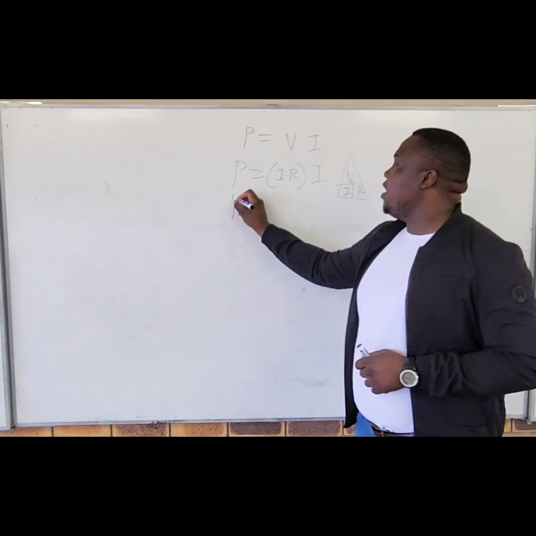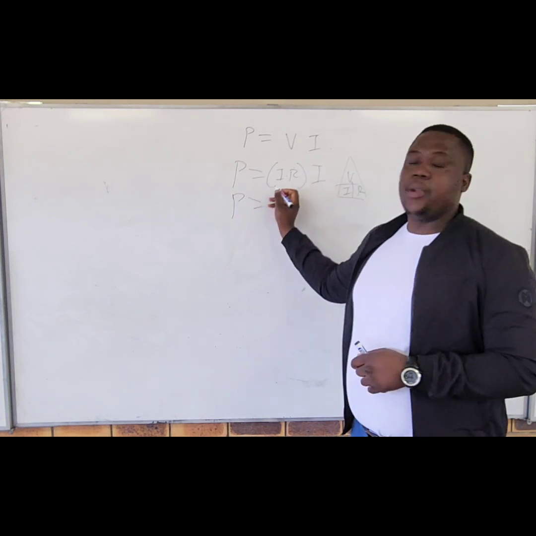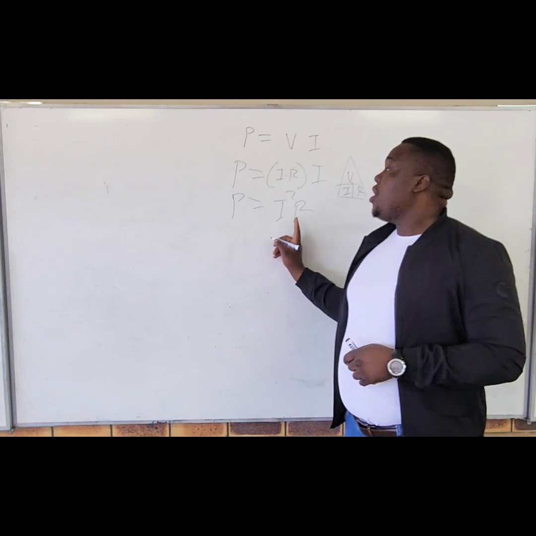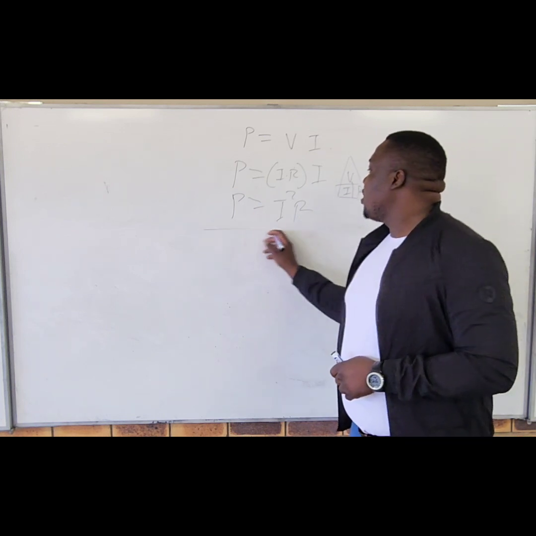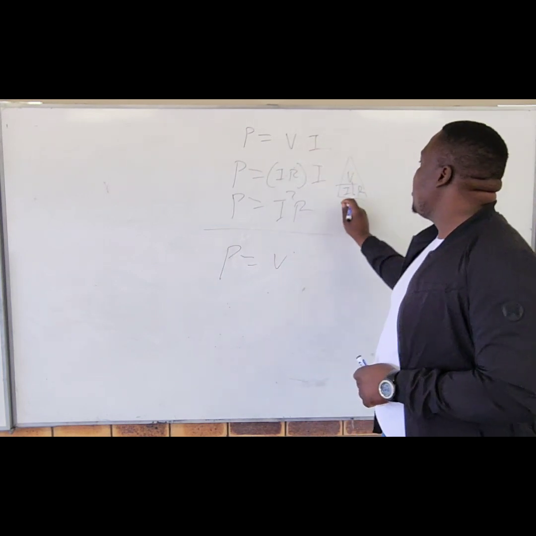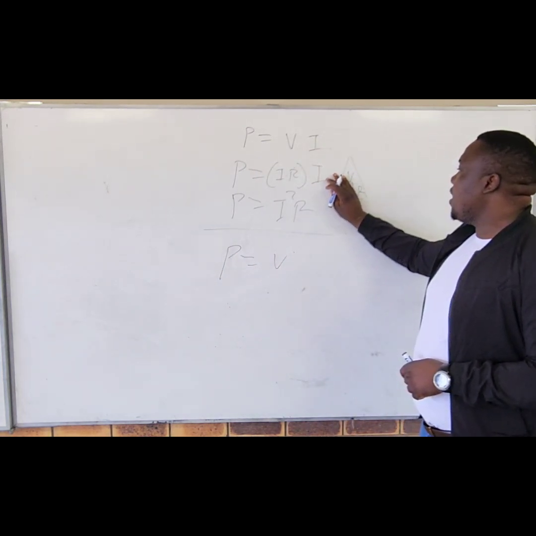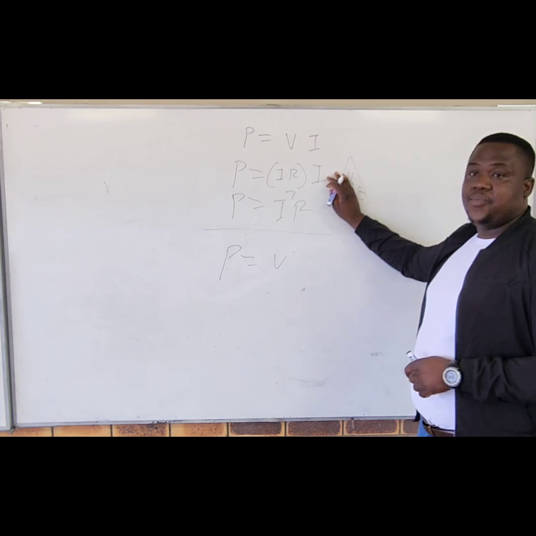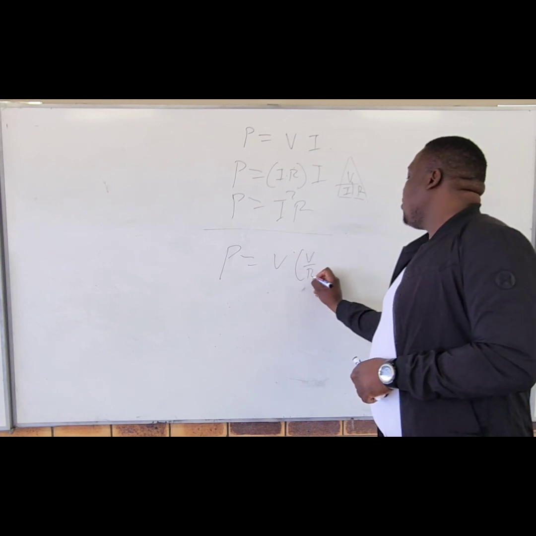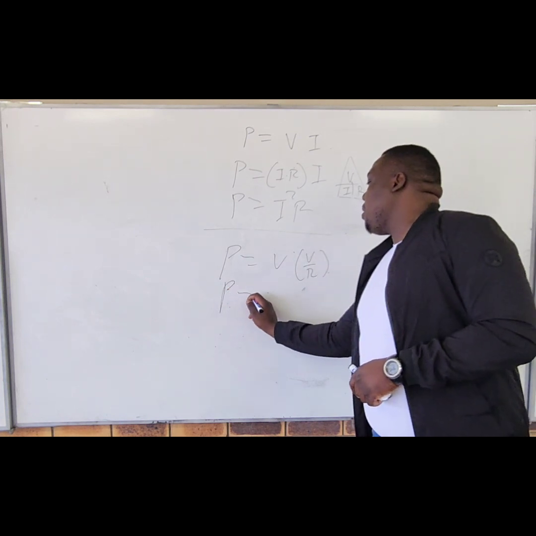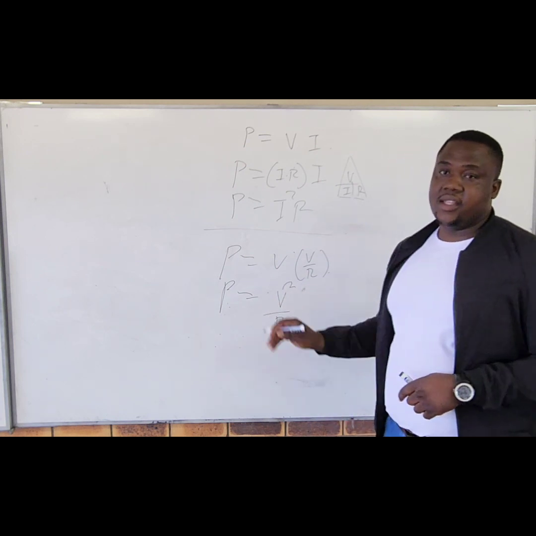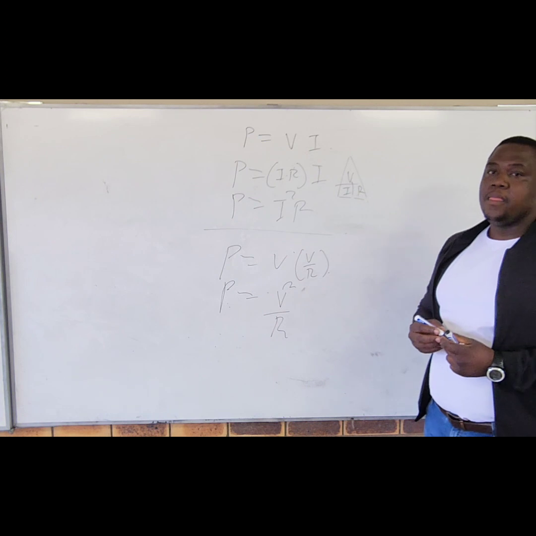This I is already here, then I multiplied by everything, we're going to get I squared, meaning power is equal to I squared R. Also, we can use the very same formula whereby we say I from Ohm's law, which is the current, is V over R, voltage over resistance, whereby we multiply by voltage over resistance, which is the current, and power is equal to V squared over R. So these are the formulas that we derive from power.